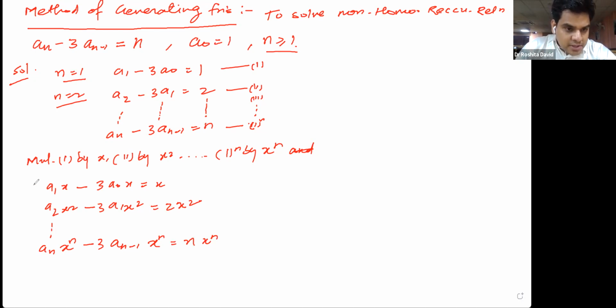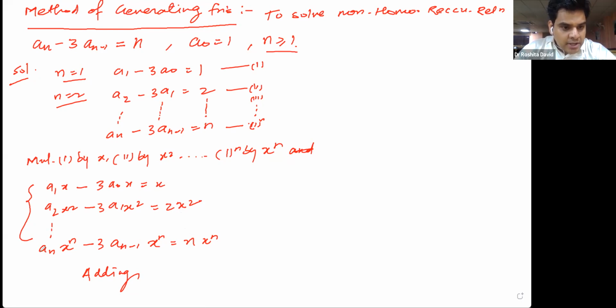Now we have another set of equations. If we add all these new equations, we will get a1x plus a2x square up to anxn, minus 3 times a0x plus a1x square plus up to an minus 1 x to the power n, equal to the addition of the right-hand sides.